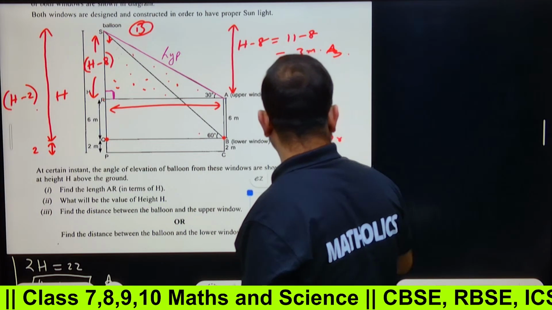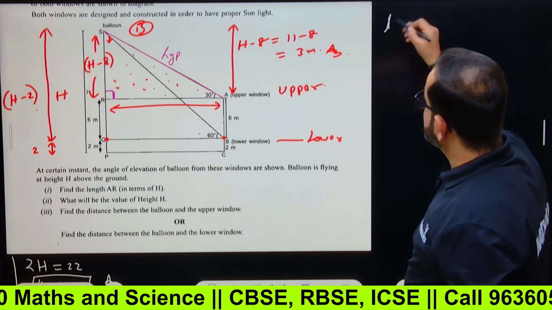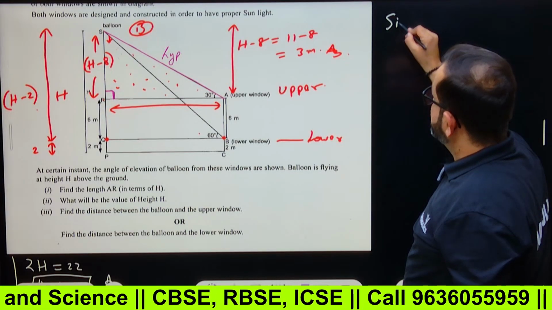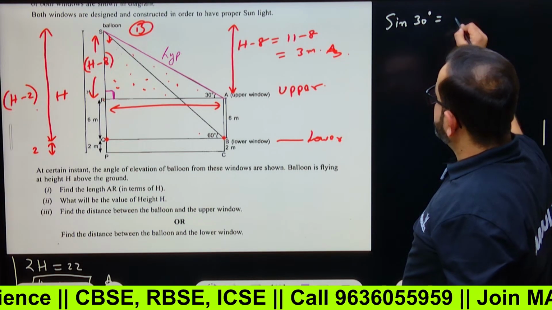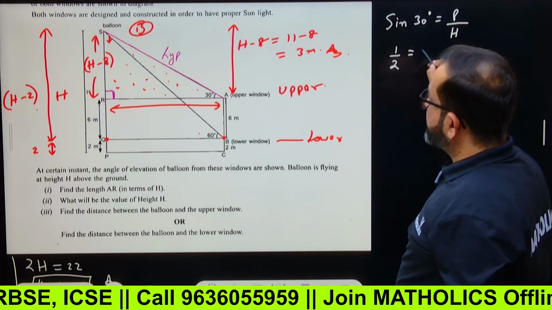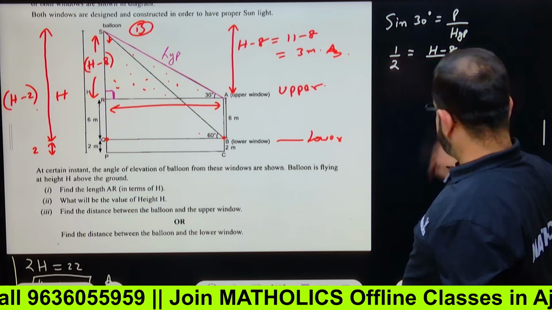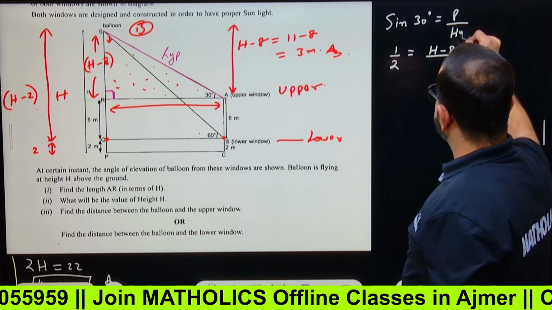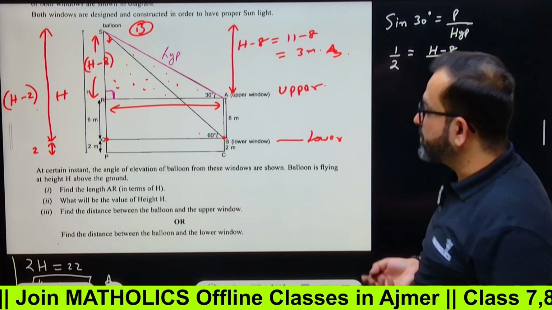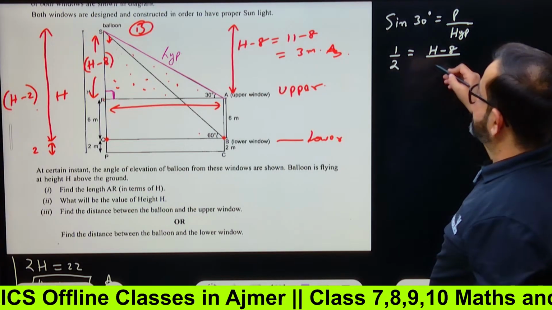You have to solve by finding the hypotenuse. So first, sine 30 degrees, which is perpendicular upon hypotenuse. Sine 30 is half. Perpendicular is H minus 8. This H is already given in the question, just to confuse you. So hypotenuse is AS.